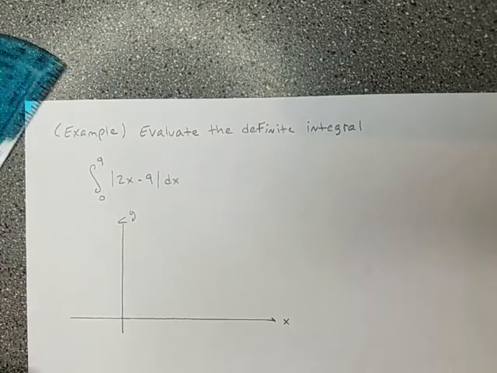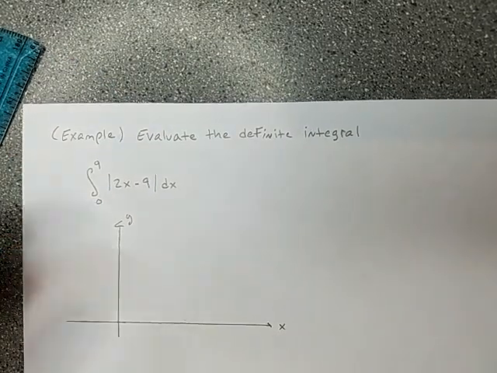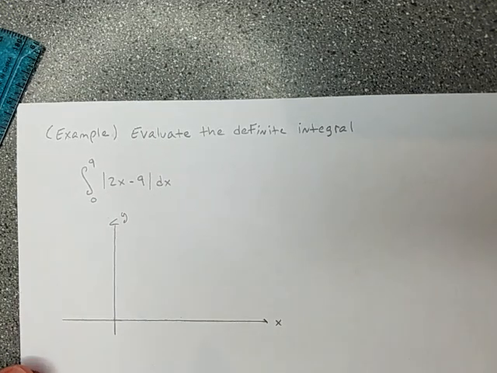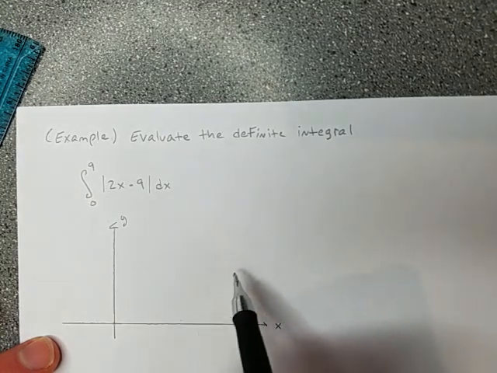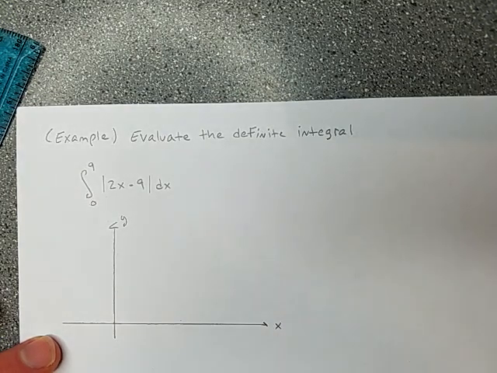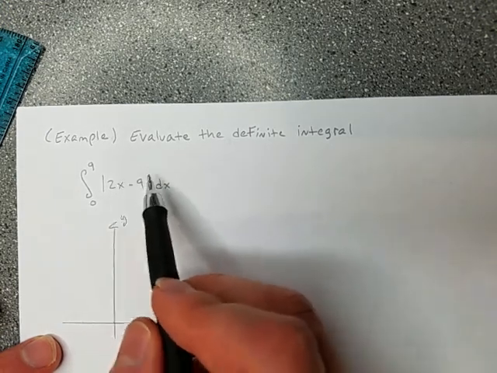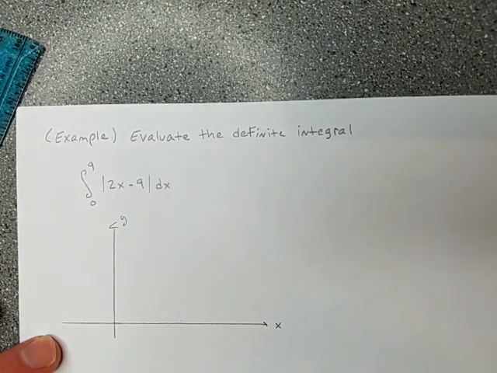Maybe you are too, but if it really comes down to it, we can just plot points. If I plot some points, they're going to form a V pattern, and I know the absolute value graph is going to be some kind of V shape.